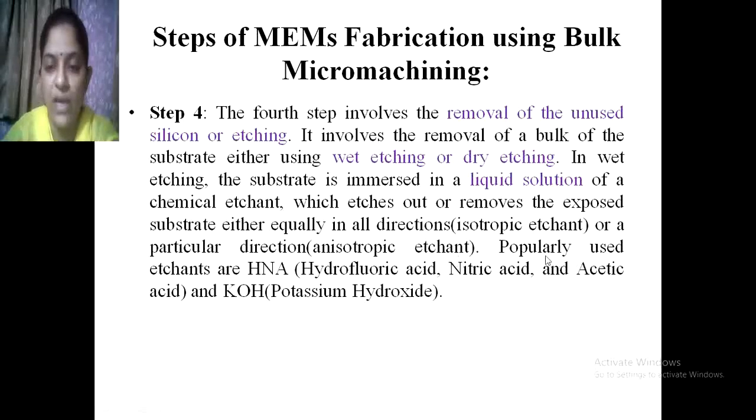Commonly used etchants are HNA, that is hydrofluoric acid, nitric acid and acetic acid, and KOH, that is potassium hydroxide. So in the fourth step, etching is used, that is removal of the bulk.